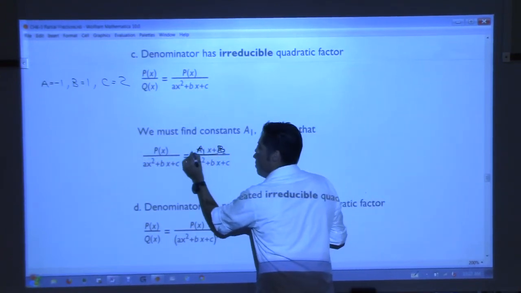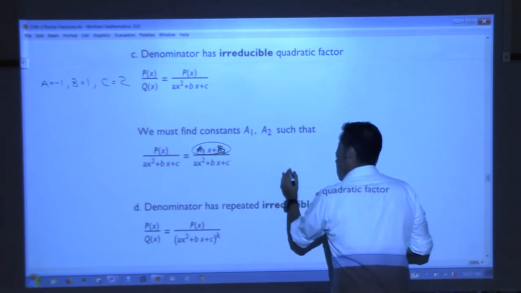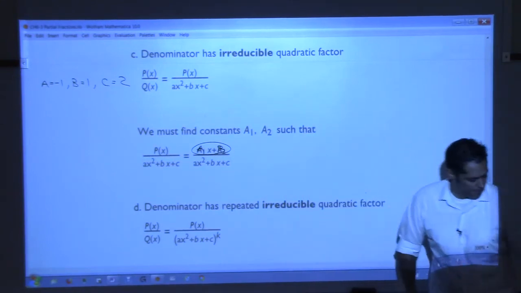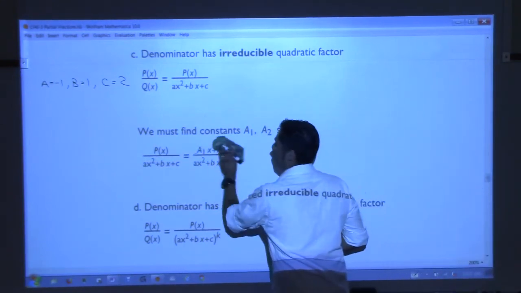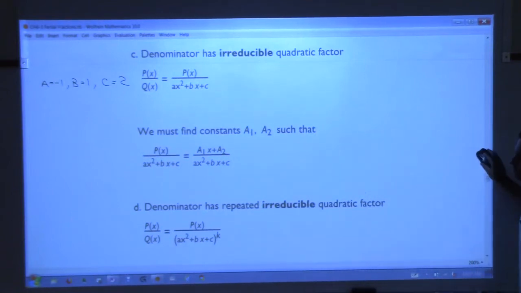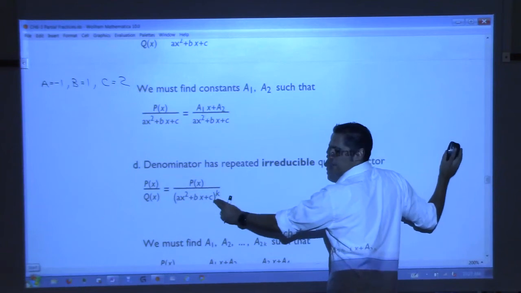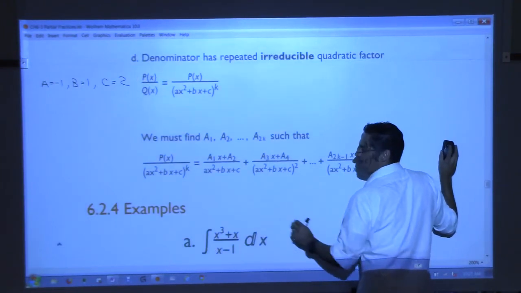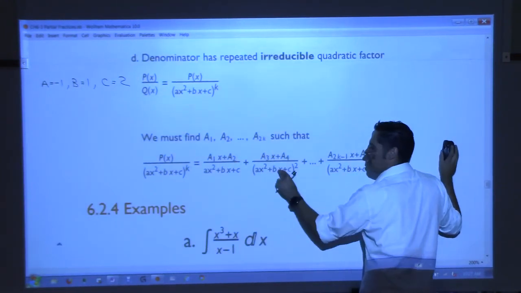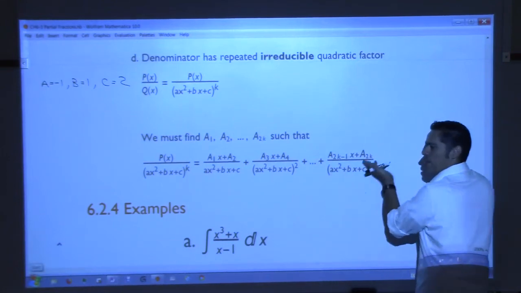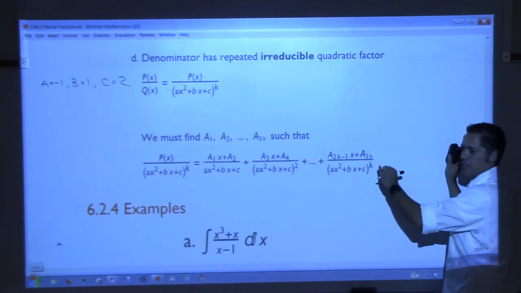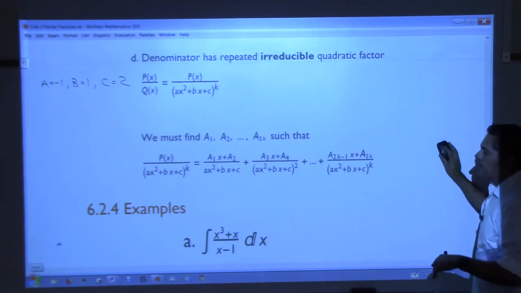So we do something like this. Let's do the example. And then what if that irreducible quadratic factor is repeated? Then we have to do something over that, something over it squared, something over it, blah, blah, until the power comes up to whatever it is. Same thing that we did with the linear, but we do it with the quadratic.